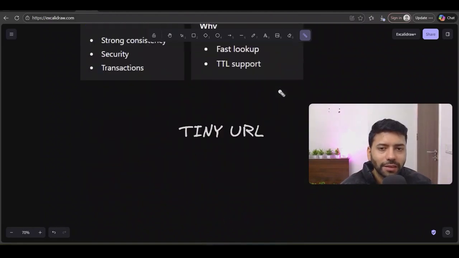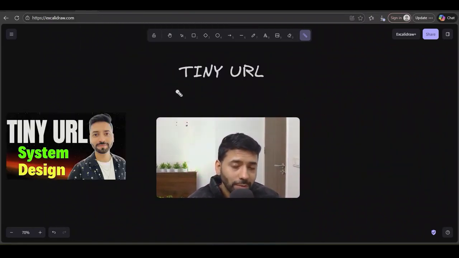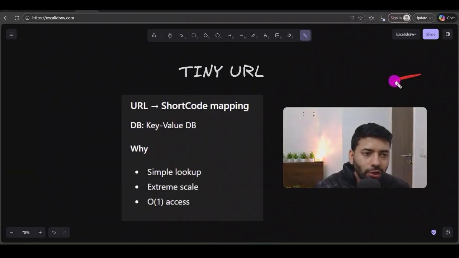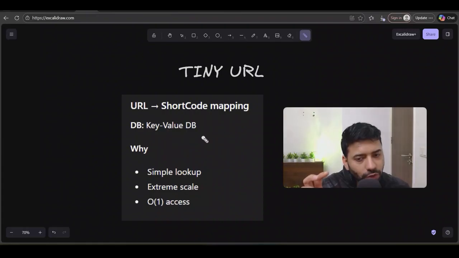All right, next let's discuss which database will be used for designing tiny URL. The famous feature of tiny URL is that from the long URL you generate the short URL, and when you enter this short URL you will be redirected to the long URL, correct? So we need the short code mapping, and for that we will use a key-value database again because it's simply like you have the key and corresponding to that you have the value.